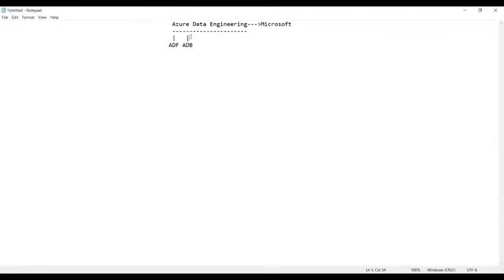And apart from Azure Databricks, we also have the service Azure Synapse. I'll explain one after the other, don't worry. Apart from this, we have many more services, and I will tell you some of the highlighted ones.